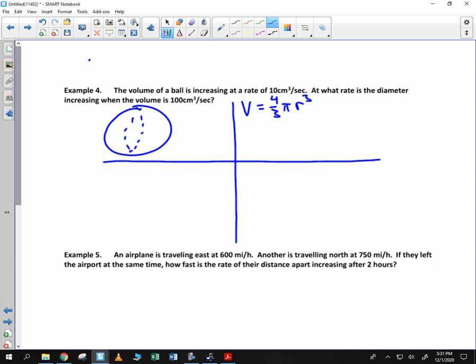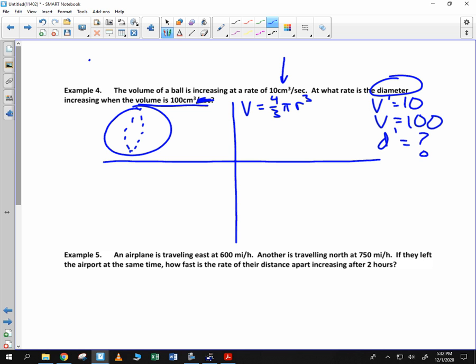It says, at what rate is the diameter increasing when the volume is 100 cubic centimeters? Let's look at what we have. We know V prime is equal to 10. We know the current volume is 100. And it's wondering what d prime is.